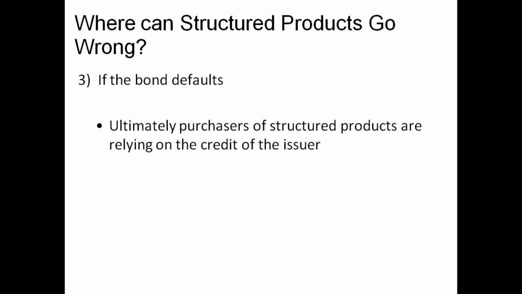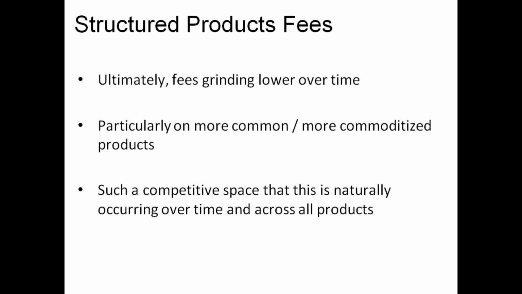Structured products have from time to time been quite a big business on Wall Street, and maybe as interest rates go higher, that business will get quite big again. Over time, the fees have been grinding lower and lower. Historically, they tended to be quite high margin, and this wasn't really too good for the investor.